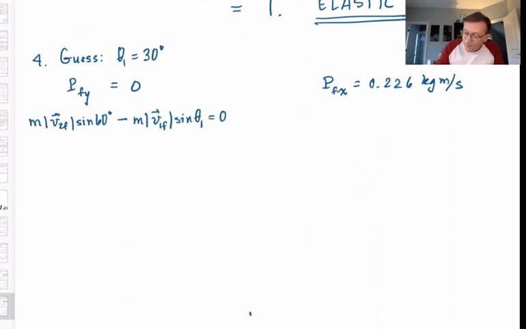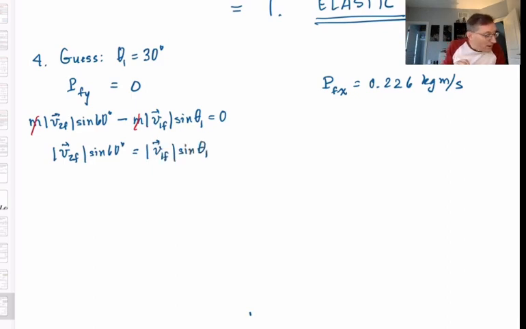Let me divide by m, so that goes away. And let me just rearrange and write this as v2 final times sine 60 must equal magnitude v1 final sine θ1. And I will remind you that we are told that after the collision, the speed of particle 2 is 1 meter per second. So that's that magnitude.